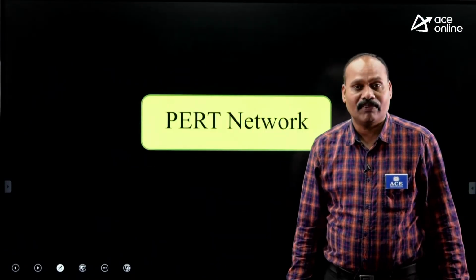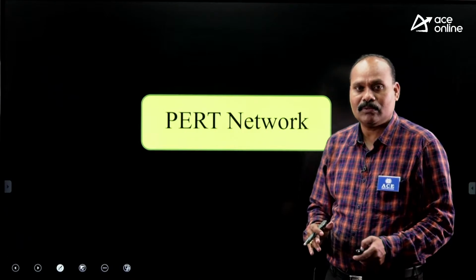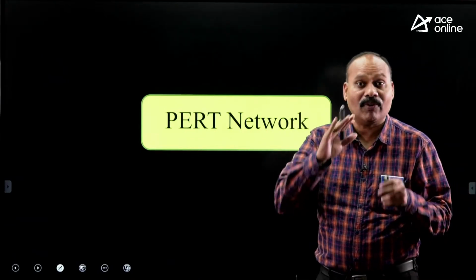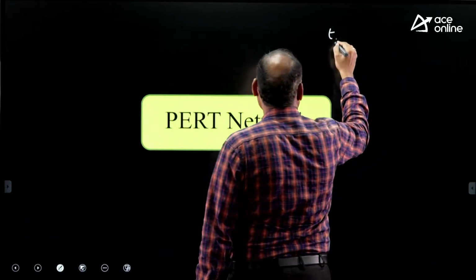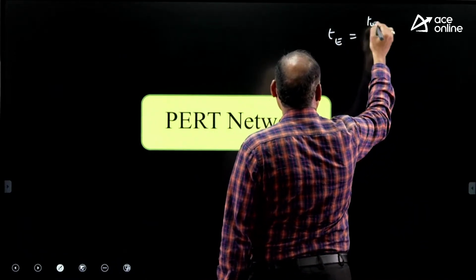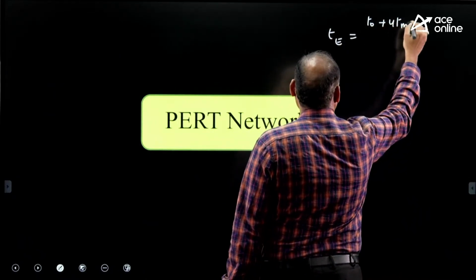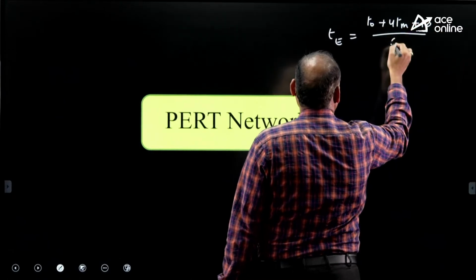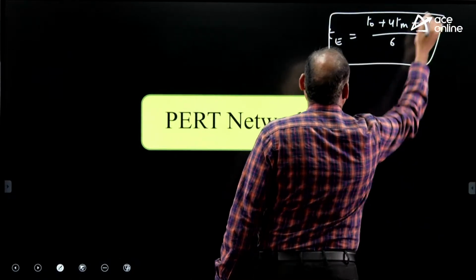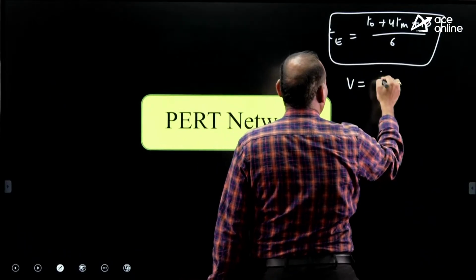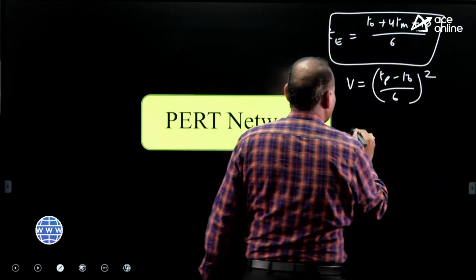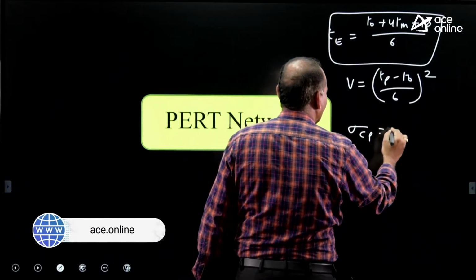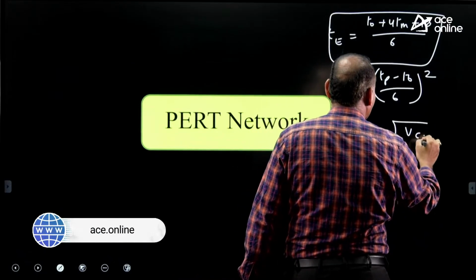Next, come into PERT network. In PERT network, we need to use formulas. So what is the formula we use? TE is equal to (T0 plus 4Tm plus TP) by 6. This formula is important. Next, variance is equal to ((TP minus T0) by 6) whole square. Standard deviation of critical path is equal to square root of variance of critical path.